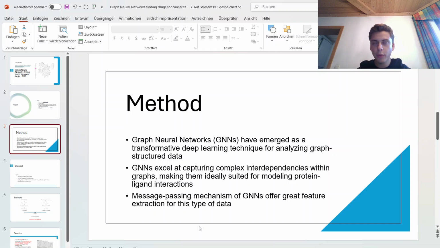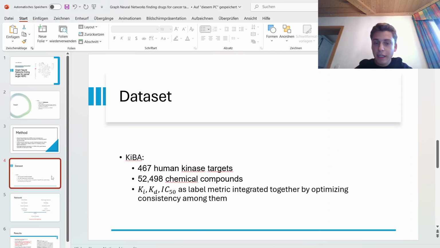And these networks have a really unique advantage, and that is their message passing mechanism, which enables us to get really great feature extraction, and we can really understand the small parts in the protein, but also even more in the graph encoded data of the possible drug compound.